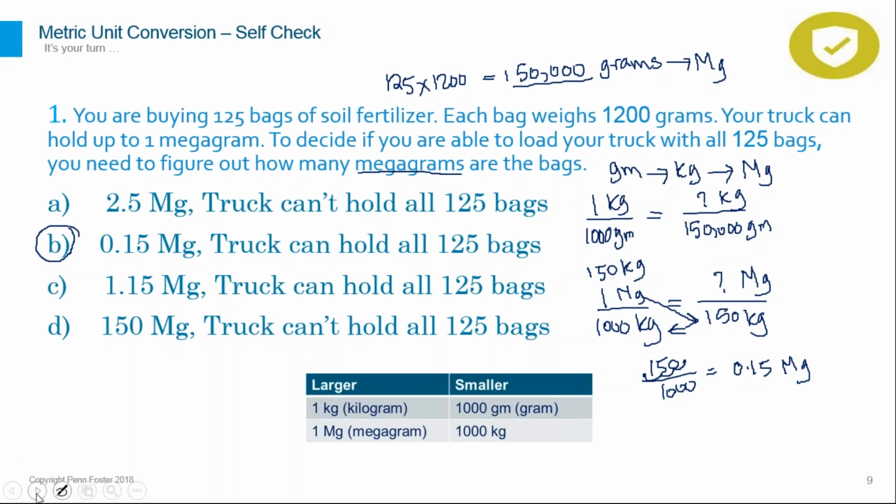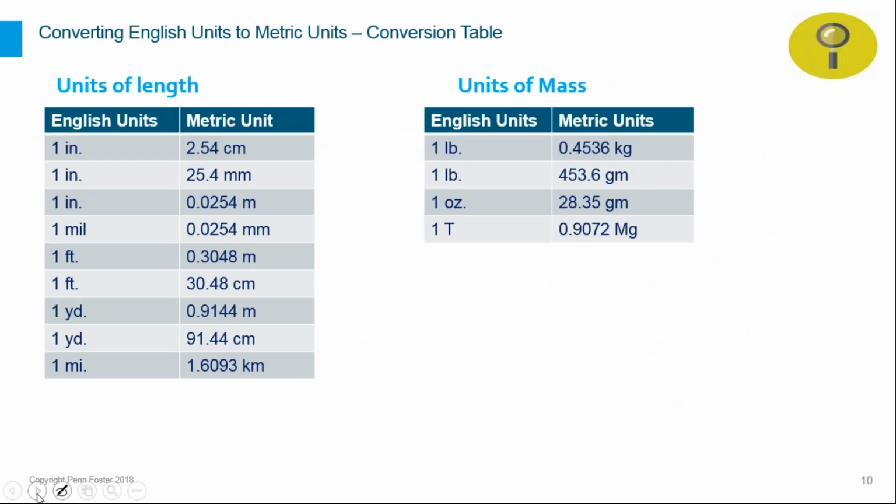Okay, let's move on to the next topic. We now know how to convert from English units to other English units. We know how to change from metric units to other metric units. What about if we want to change from English to metric or metric to English?